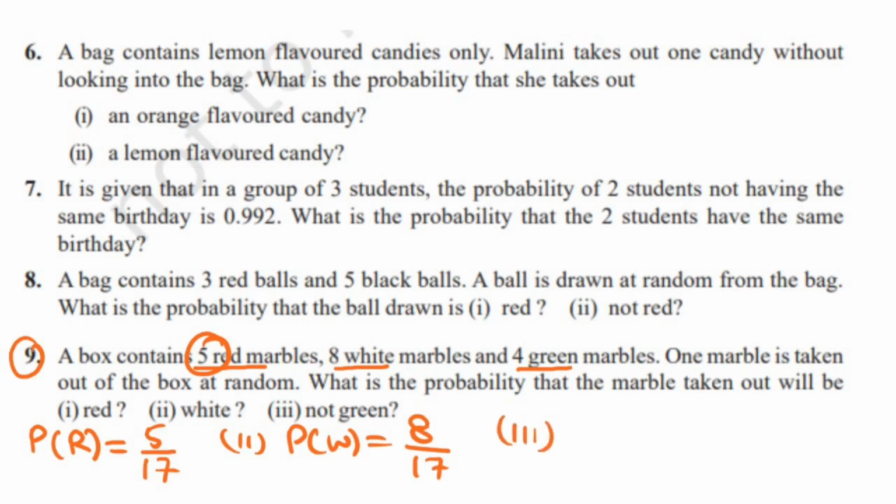And the third one, what is the probability that it is not a green marble? If it is not a green marble, it is a white marble or a red marble. So total number of red and white marbles is 5 plus 8, which is 13 out of the total number of marbles in the box, that is 17. So this is the probability of happening of these events.